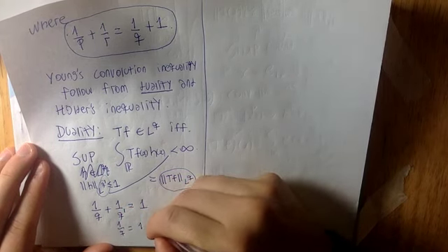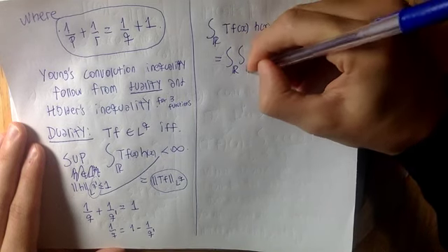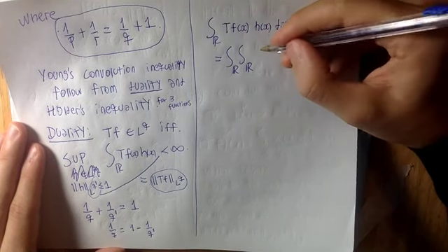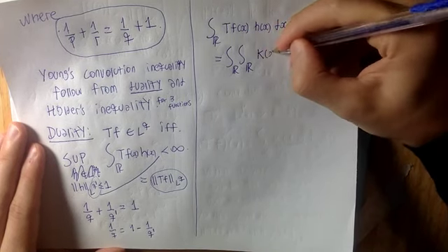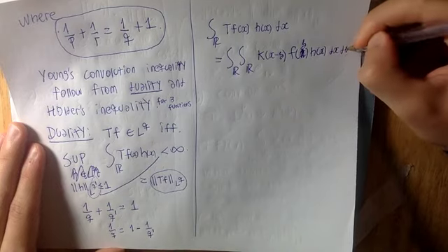This is equal to the integral over R of the integral over R of k(x minus y) f(y) h(x) dy dx.